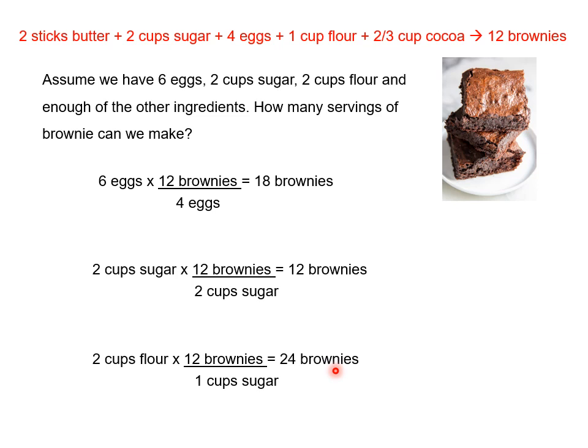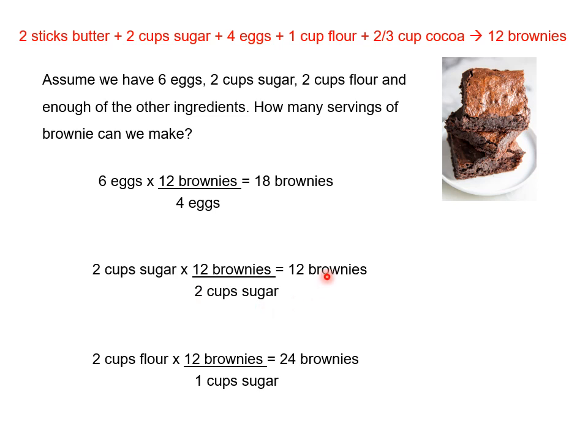Each 1 cup of flour gives us 12 brownies, so that means we can make 24 brownies for the amount of flour that we have. So what we notice is that we have enough eggs to make 18 brownies, enough flour to make 24 brownies, but we have enough sugar to only make 12 brownies.